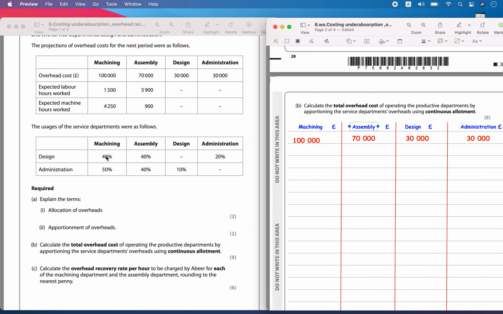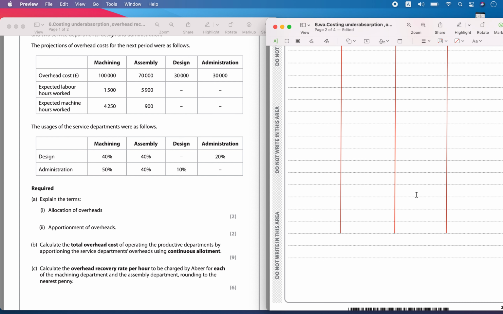Here they have already given the proportion of usage. Let's start apportioning the design. We have to reduce this cost of 30,000 and put it into machine, assembly and administration in the ratio of 40, 40 and 20.